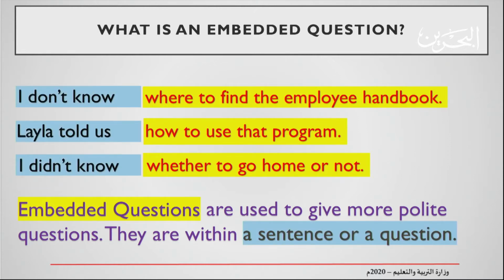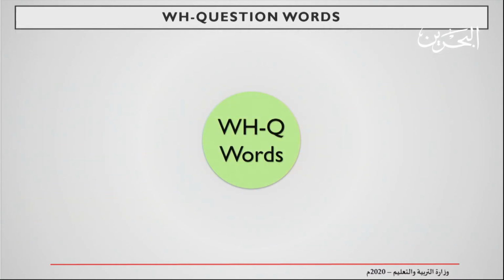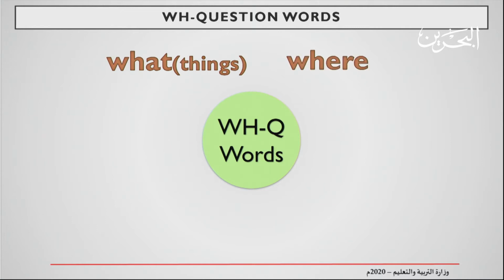So these phrases, sentences or questions, they come before and then the embedded question. So in order for us to use the embedded questions, we have to know the WH question words that we could use with that. So we could use what. You can say what thing or just what.